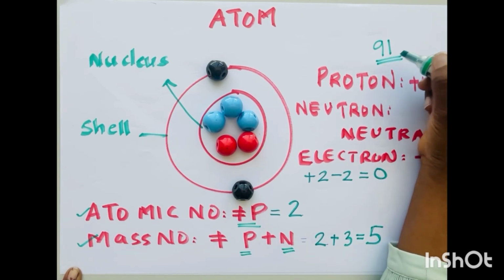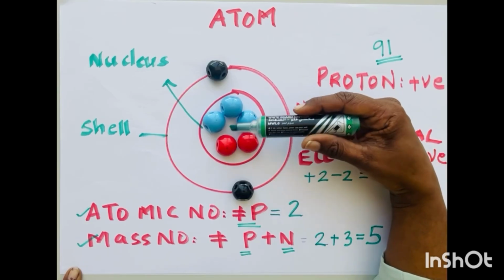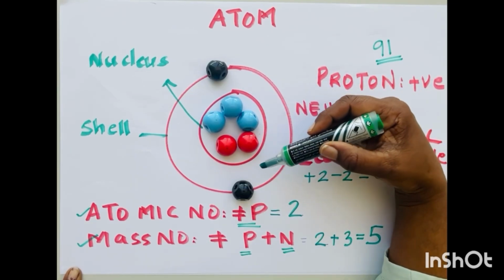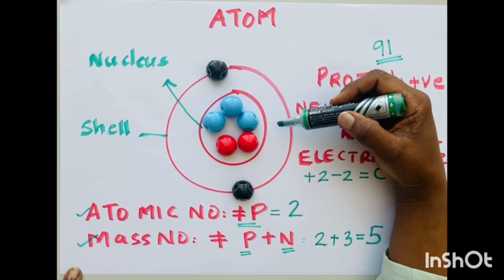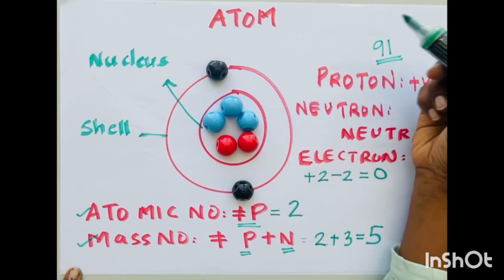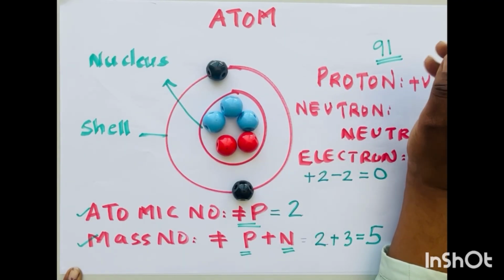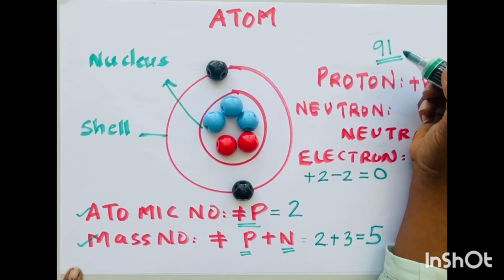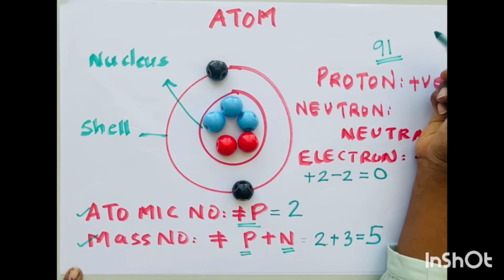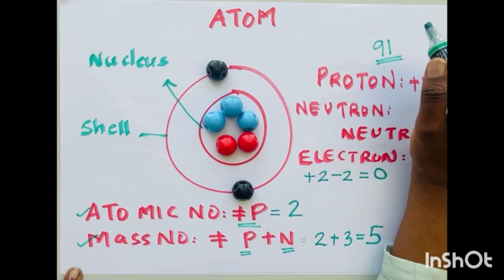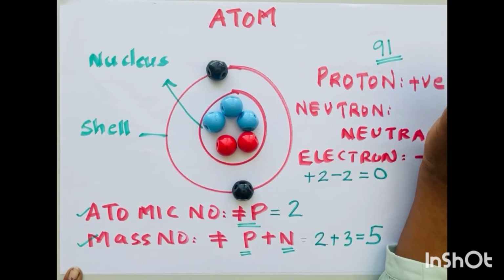The difference is they will vary in their number of protons and number of neutrons, and of course the number of electrons also, and they will make everything around us. The whole world, the whole universe is made up of atoms. They come in different combinations so that they make the wonderful variety of things around us.